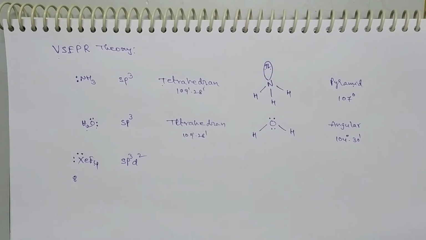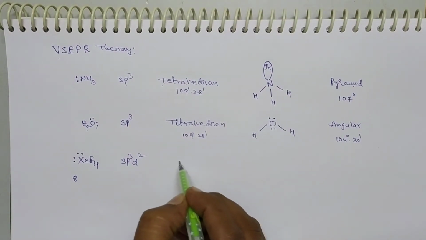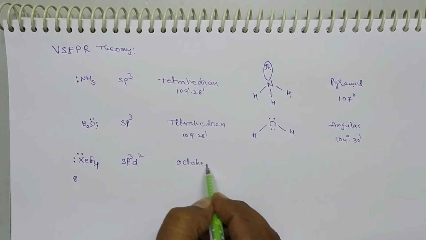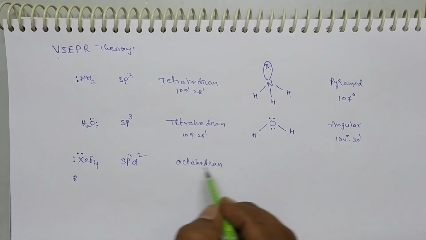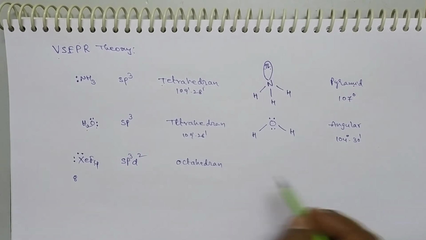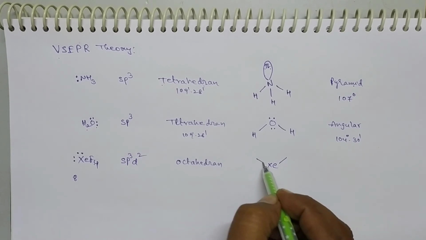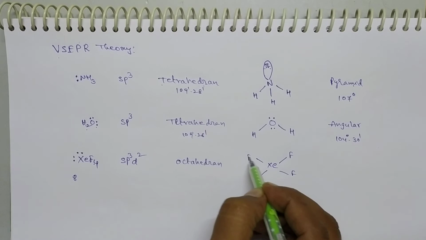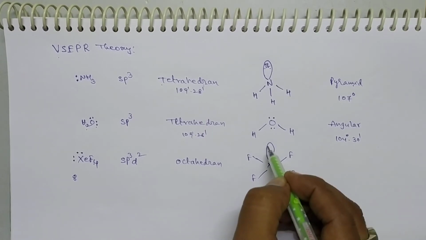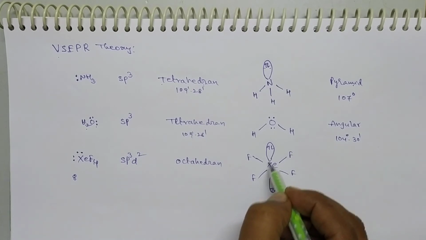So for sp3d2 hybridization, the structure should be octahedron, but the structure will deviate from the normal octahedron to another structure. Xenon and the 4 fluorine atoms will occupy the 4 corners of a square, and the lone pairs will be present at the perpendicular positions, that is the axial positions.